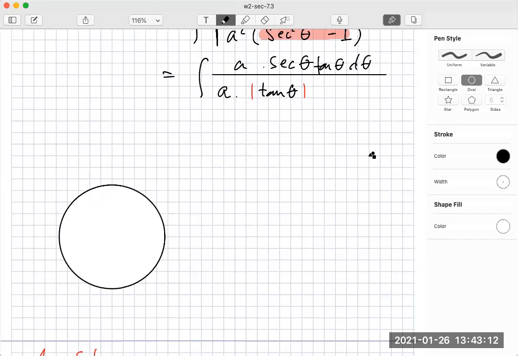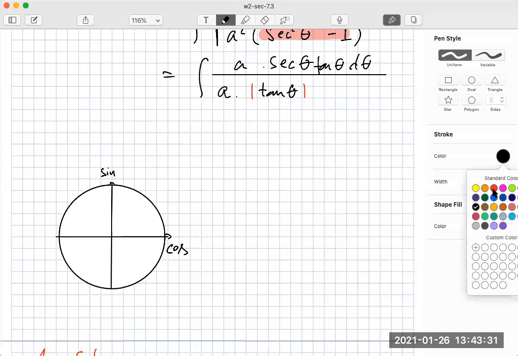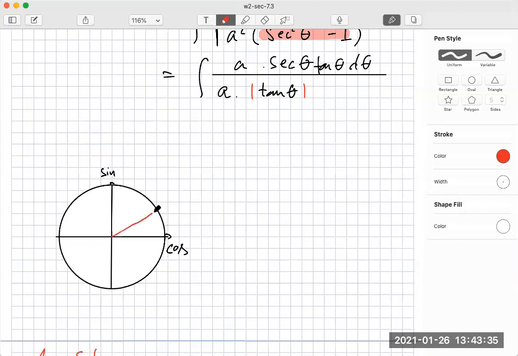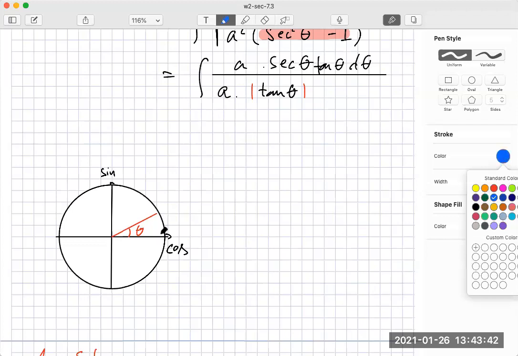Okay, review. This is the cosine axis, right? And here is the sine axis. And remember, for any angle theta here, tangent of this angle will be sine over cosine, right?